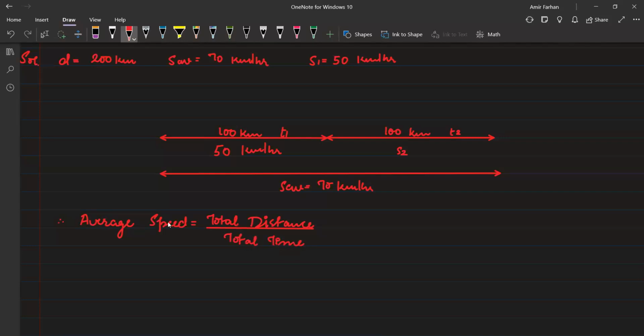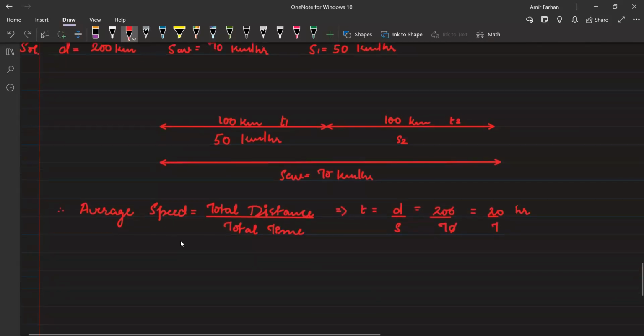I have the average speed and the total distance, so I can calculate the total time. So t will be equal to d by s. d is 200, average is 70, so this will cancel, and it is coming out to be 20 by 7 hour. Clear?